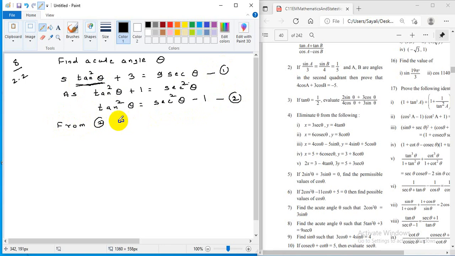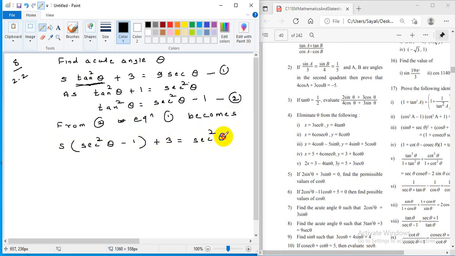From 2, equation 1 becomes 5 into sec squared theta minus 1, where tan squared is replaced by sec squared theta minus 1, plus 3 is equal to sec squared theta.